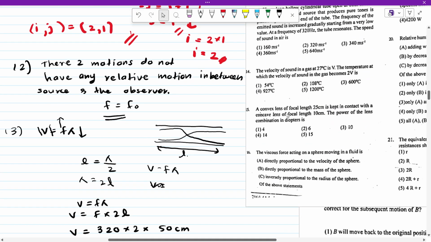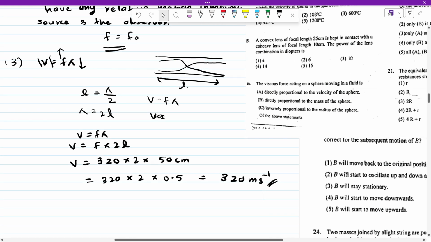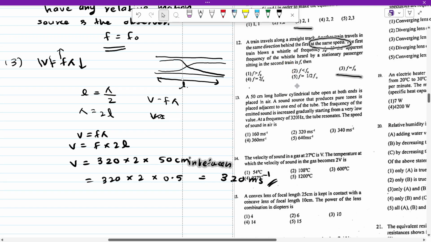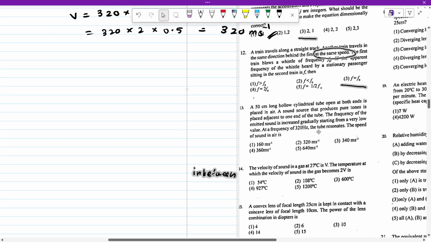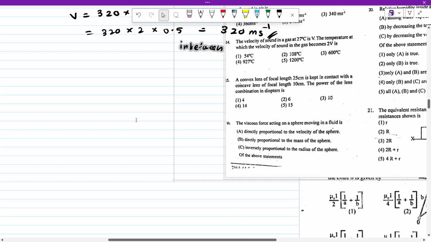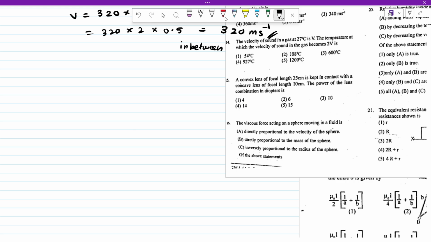Next question, number 14. The velocity of sound in a gas at 27 degrees Celsius is V. The temperature at which the velocity of sound in the gas becomes 2V, they are asking what is the temperature.